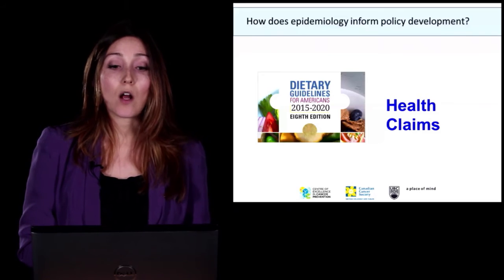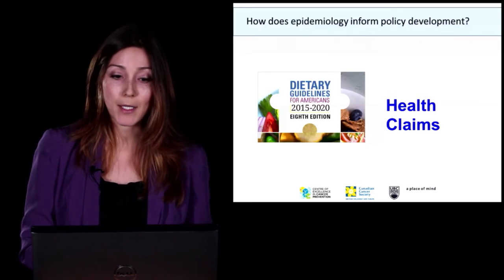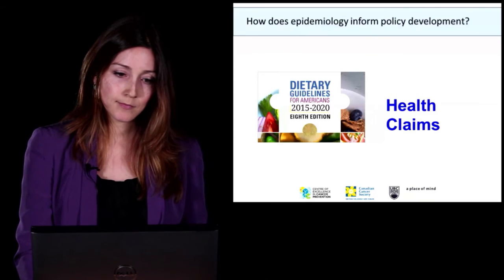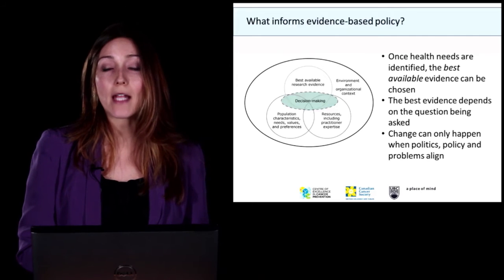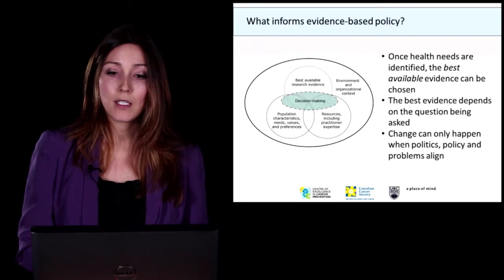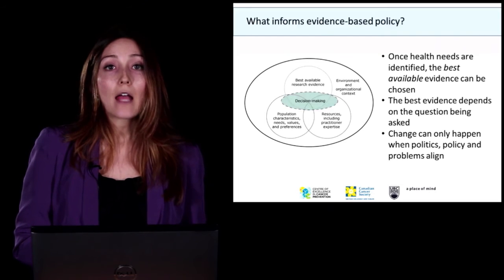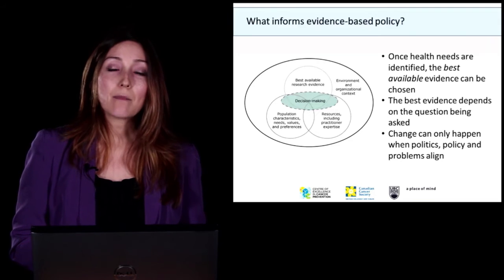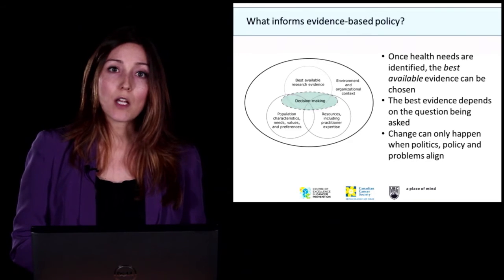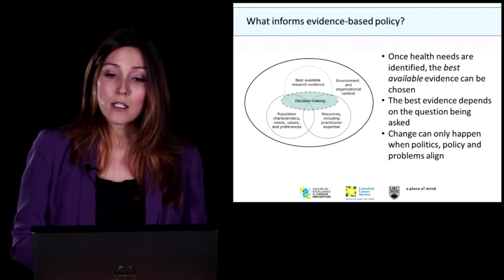So the next area I would like to talk about is how epidemiology can be used to inform policy development. So what informs evidence-based policy? The important part is defining the health needs and then using the best available evidence that can be chosen. And I say best available evidence because oftentimes policy is not rooted in evidence-based science.